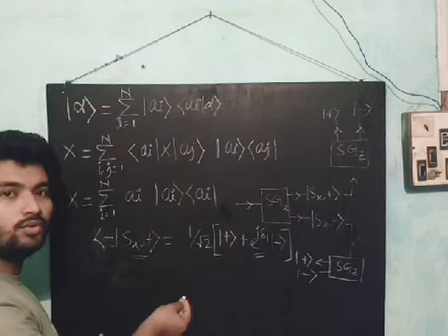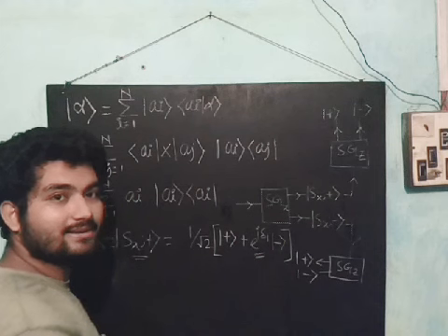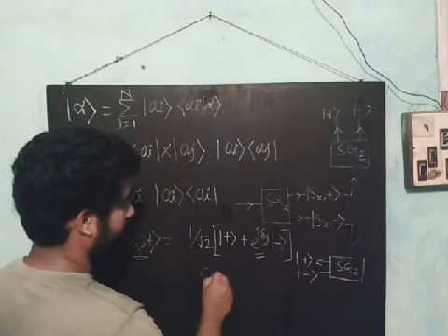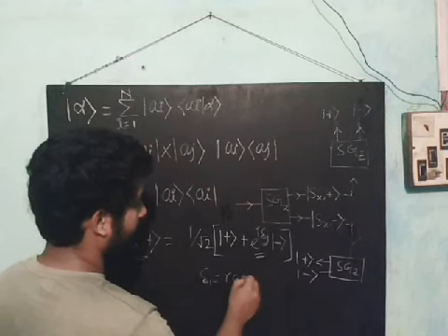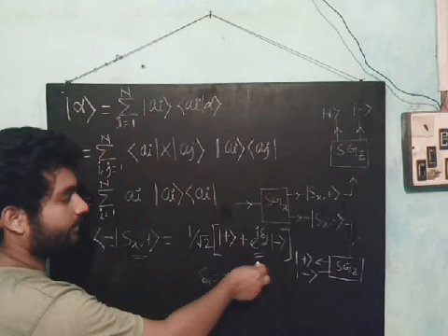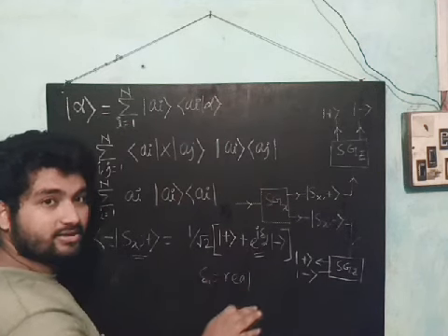When I take the mod square of this, the phase will eventually cancel, because this delta 1 is real. So we can multiply this thing without losing the generality of this equation.